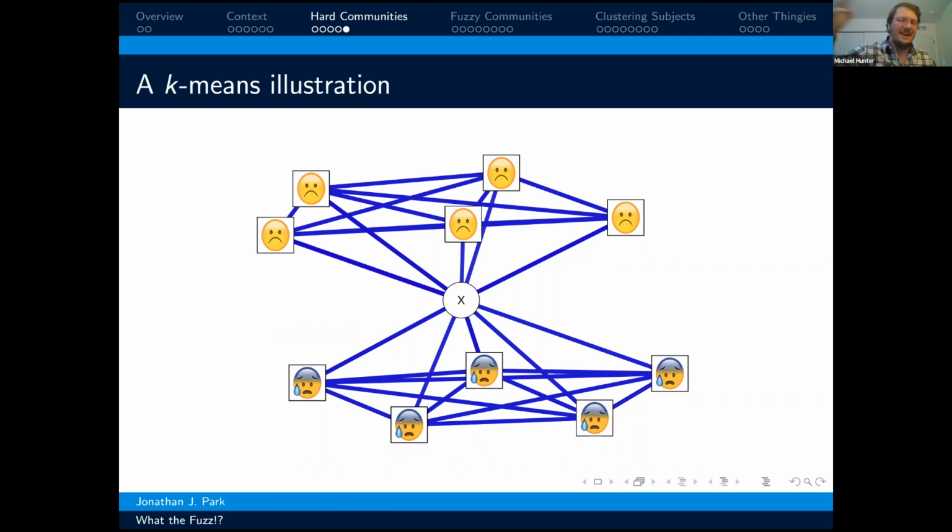Whereas if you had a lot of connections between the anxiety group and the depression group, dropping one of those connections linking one subgraph to the other doesn't change the network all that much, or the connectivity all that much. So I wonder whether small changes are critical features of graphs. Yeah, like the resilience. In this example, if we removed X, it would have a huge impact on the network.